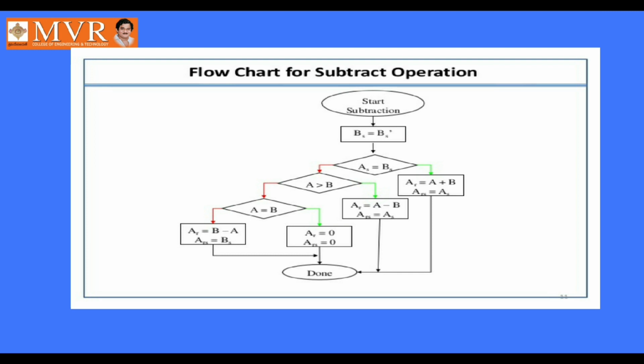At that situation, we simply add A and B, and the sign bit of A will be copied into the sign bit of the result. Here the calculation is given as AR equals A plus B. AR means A result, and ARS means the sign of the result value. The sign of the result value will be AS. Here either is okay, it may be AS or BS, because both signs are equal.